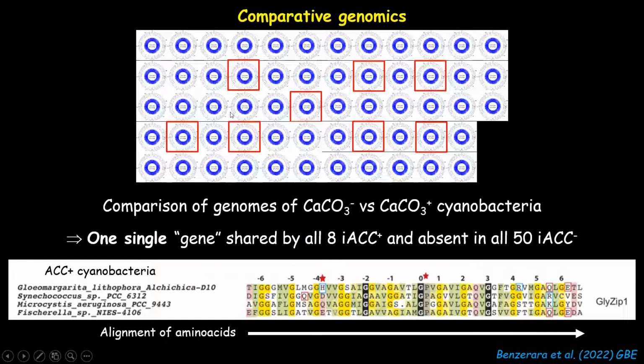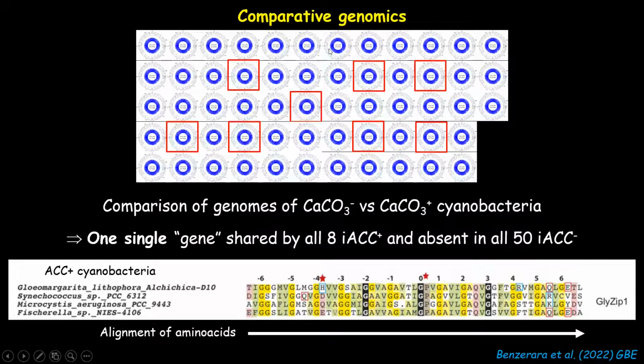As I told you, we have 58 genomes of cyanobacteria, and some of them, we saw 8 of them, are forming intracellular carbonates, and the rest are not. So here you see you have 58 genomes, and the ones that are circled in red are forming intracellular carbonates, and the others are not.